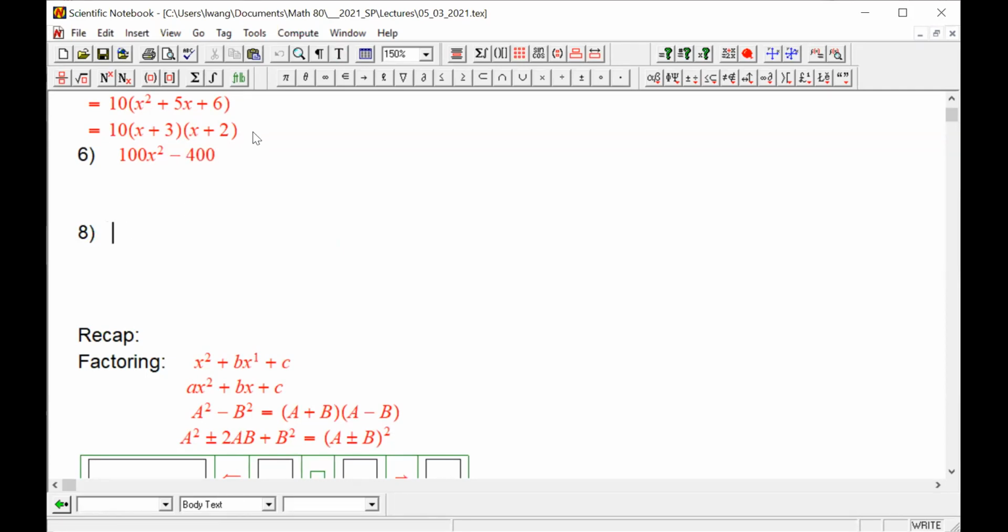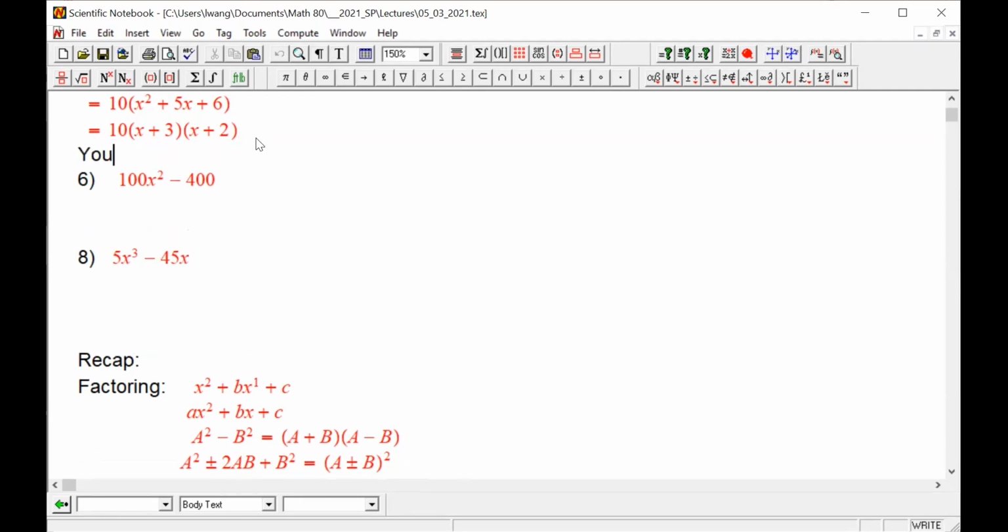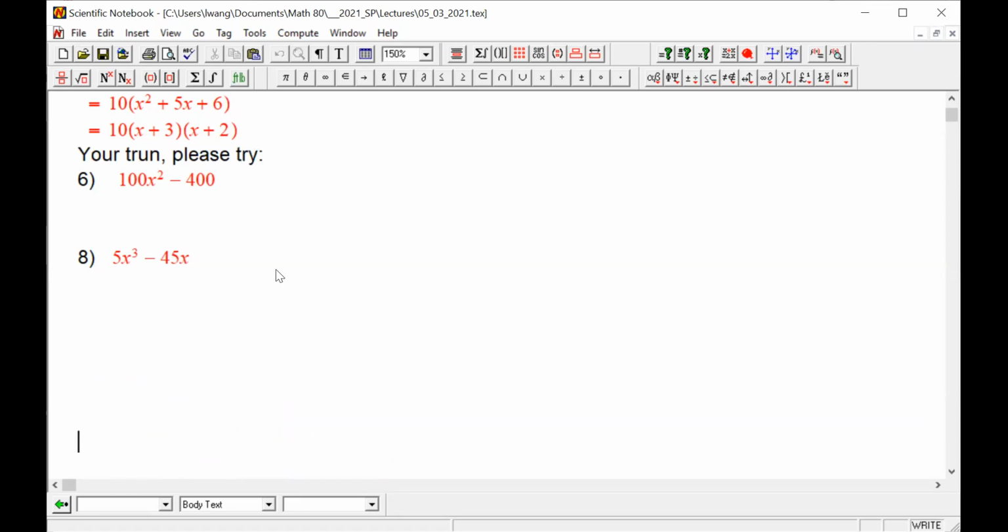Number 8 is 5 times x raised to the power 3 minus 45x. So your turn. Please try. How about 4 minutes? Okay, 2 minutes for each.